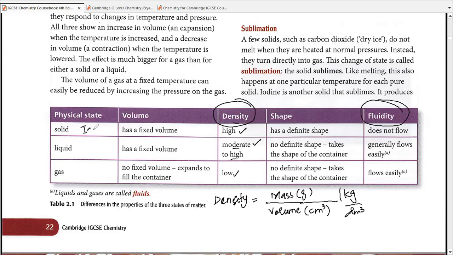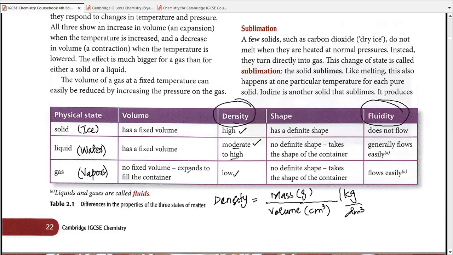So if I put ice as an example of solid and the same one, water, as an example of its liquid state, and the counterpart, of course, you can write steam, you can write vapors, whichever one you prefer, as a part of gas for the same one. So definitely ice seems to be heavier, it's solid, more of the water is packed into the specific volume, right? For liquid, it's moderate to high, for vapors it's different.